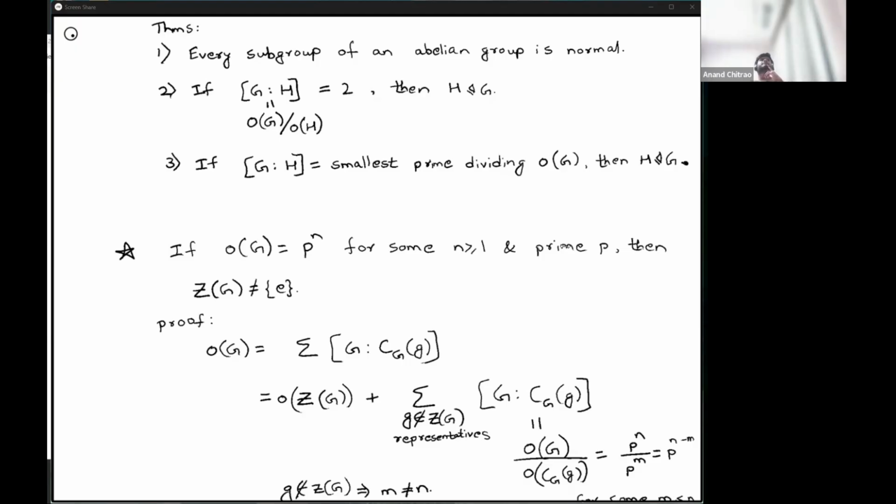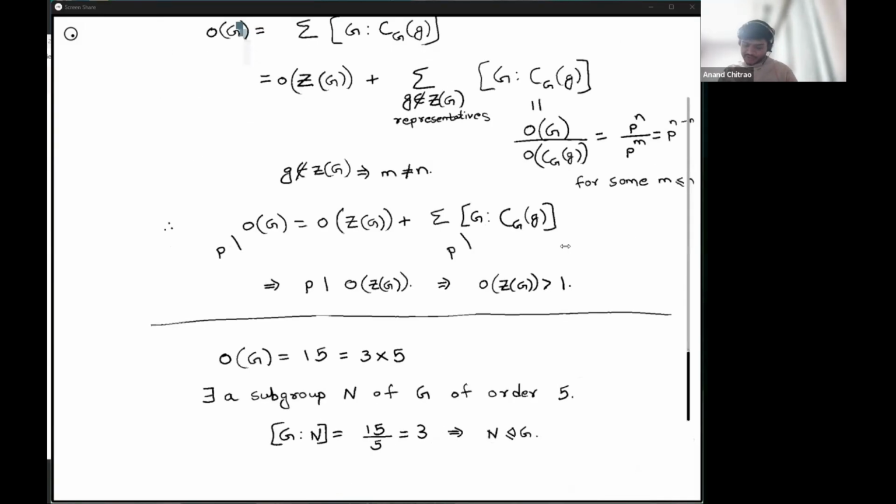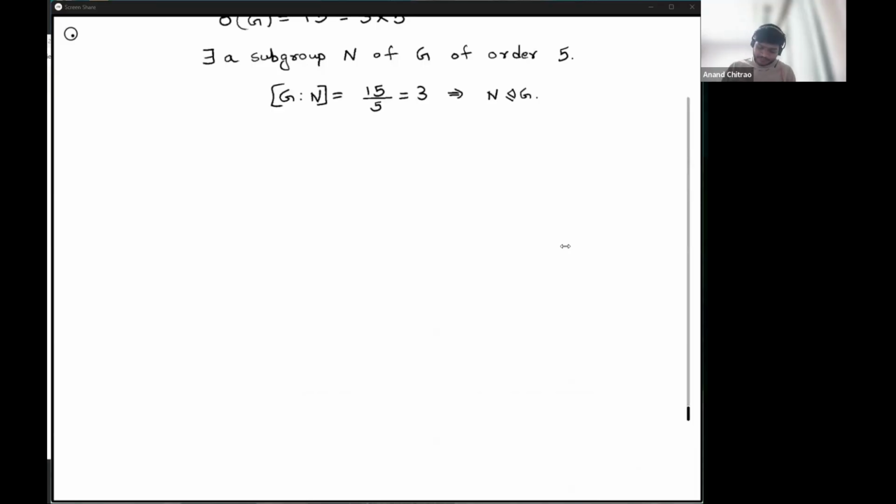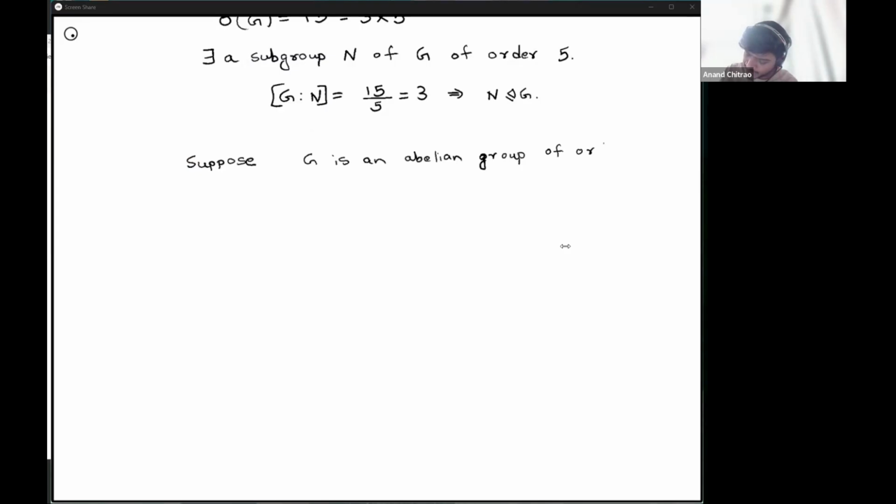Let me see. Turns out there's a different way of writing the classification, at least for p-groups. Let's see about the result that you're seeing. Suppose G is an abelian group. Let me tell you the general result first, of order n.